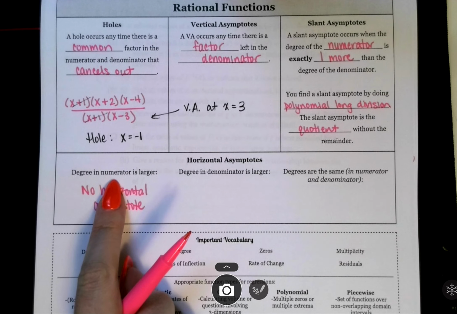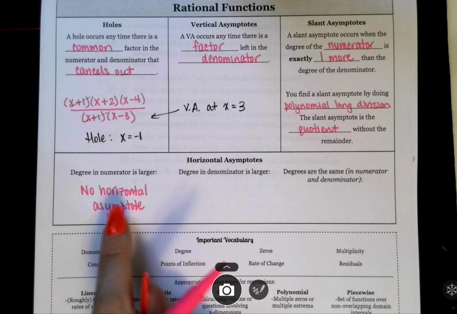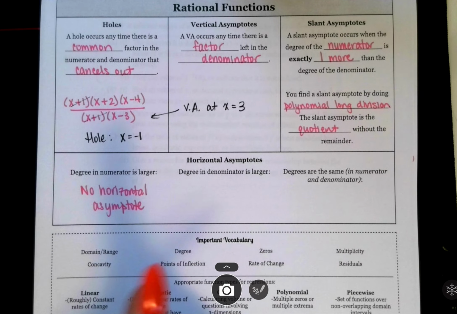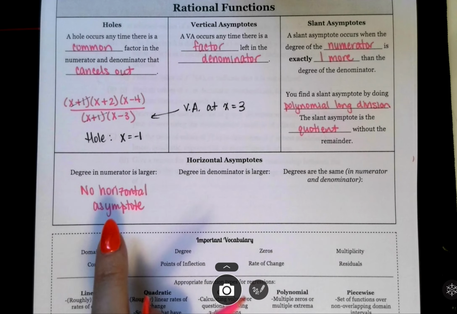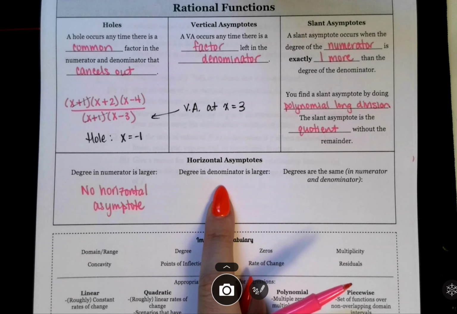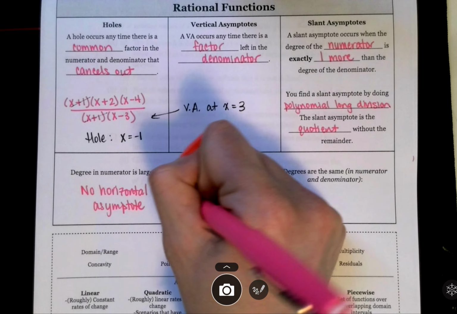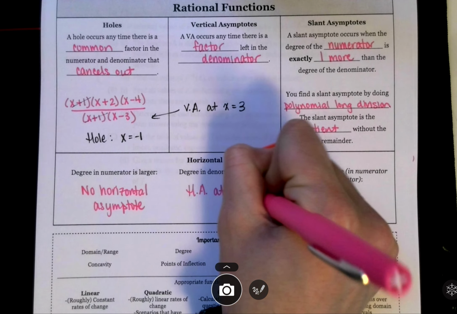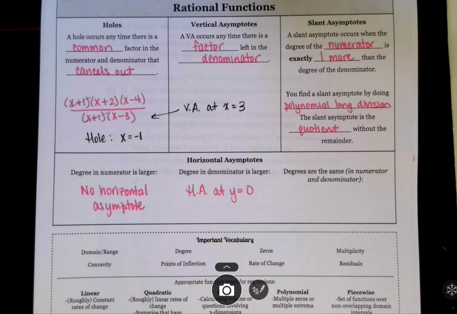If the degree in the numerator is exactly 1 larger, we have a slant asymptote. But if it's larger by like 2, by 3, there's no horizontal asymptote at all. If the degree in our denominator is larger, then we have a horizontal asymptote at y equals 0. So when the degree in our denominator is bigger, it approaches the x-axis, so horizontal asymptote at y equals 0.